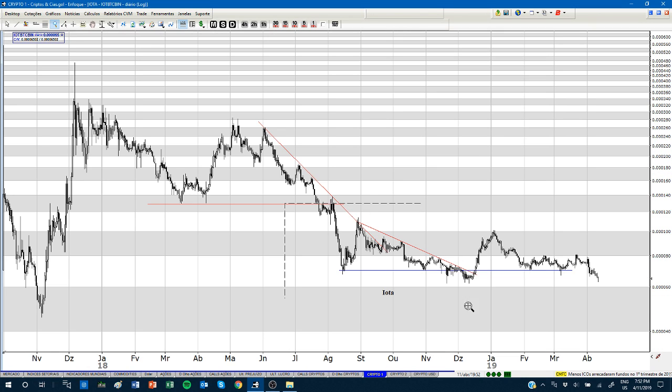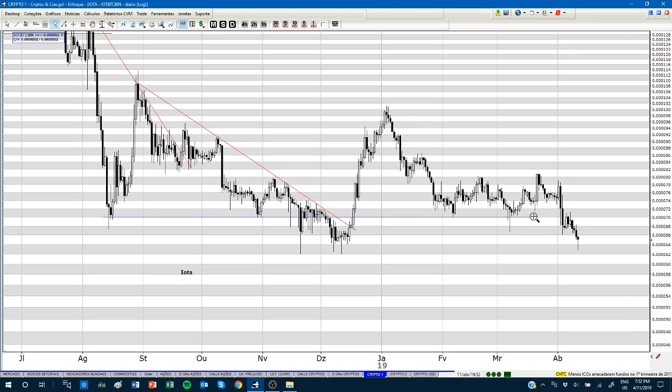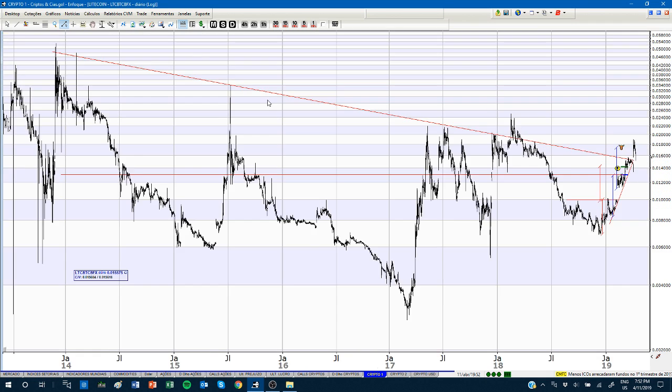Let's see what happens. If it comes back above this former support line, now resistance level, it will be producing a bear trap in these lows here. It produced already a bear trap in here, and it went up. If it does the same, I think it's a good chance for IOTA to go up.